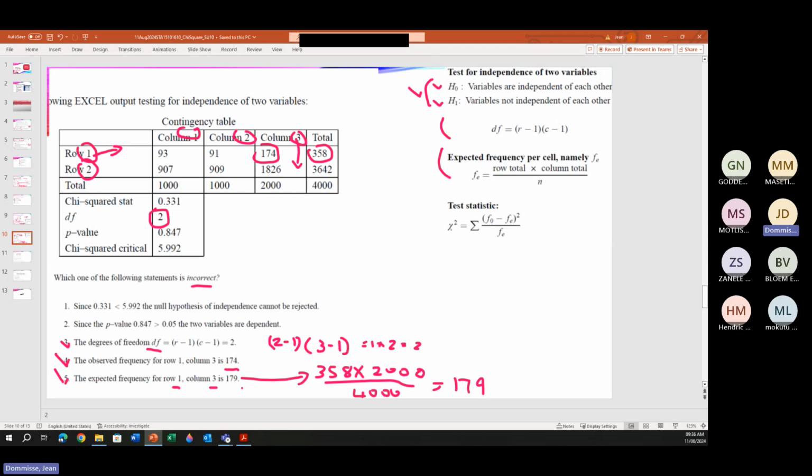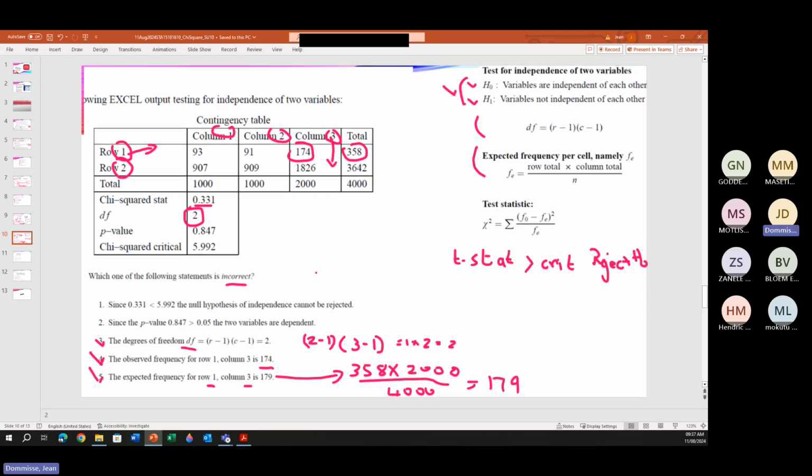Okay, so let's then look at your chi-squared stat and your chi-square critical. So that's the t-stat. Remember, t-stat bigger than critical value, we reject H0.